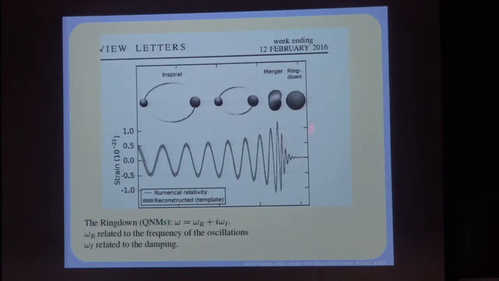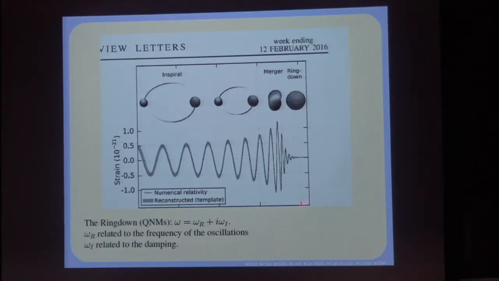For instance, these are important in the collision of black holes. The ring-down part, this last part, is obtained by perturbing a curved black hole. The real part is related to the frequency of the oscillations, and the imaginary part to the damping.